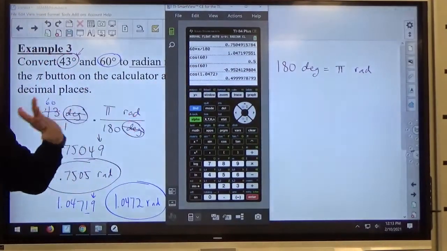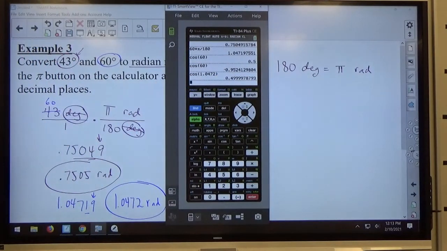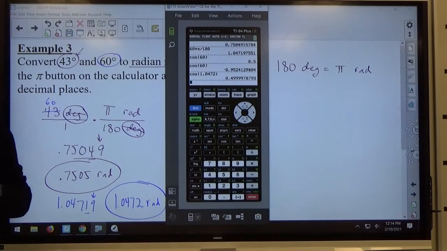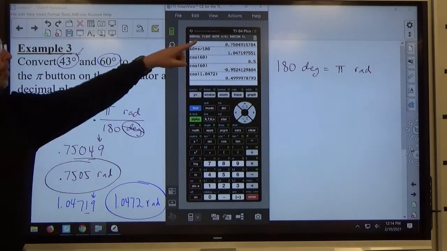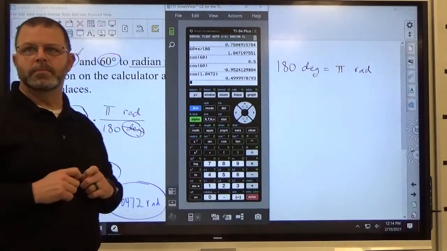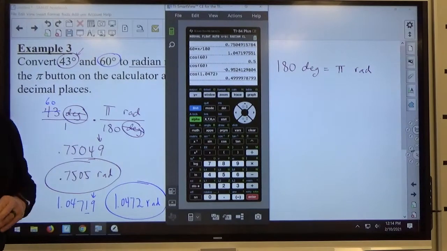Because we rounded, it's not exactly the same, but again, my calculator needs to know what mode I'm in, radians or degrees, what type of angle am I working with when I'm using the sine, cosine, or tangent buttons. That's the only time you need to worry about radians and degrees for the use of trigonometry. If I'm hitting sine or cosine or tangent, I need to make sure I'm in the right mode for the way they present the angle in the problem. We would be working with both types of angles in this class.